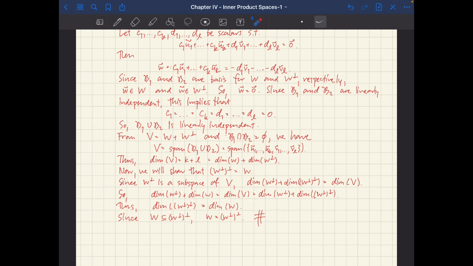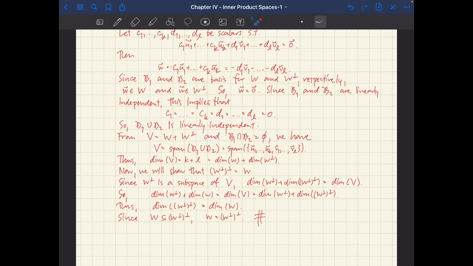B1 is u1 to uk, and B2 is v1 to vl. What is the dimension of V? The dimension of V is the number of elements in the basis, and here we have k plus l.